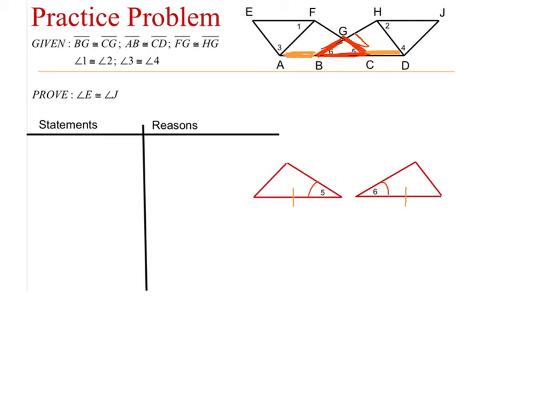In the same way, if I examine the next given piece of information, FG congruent to HG, I am also going to see by addition FC is congruent to HB. So oddly enough, we've used addition twice in the same proof.